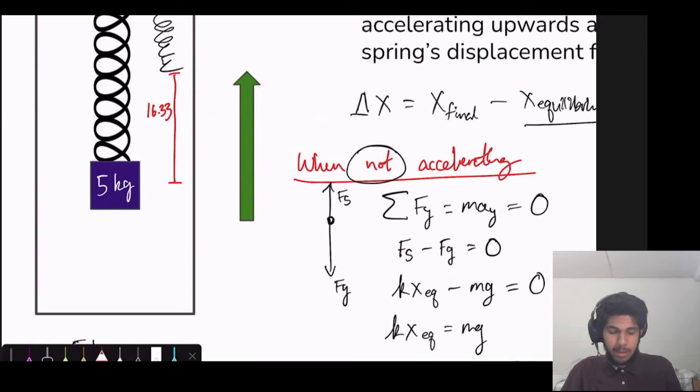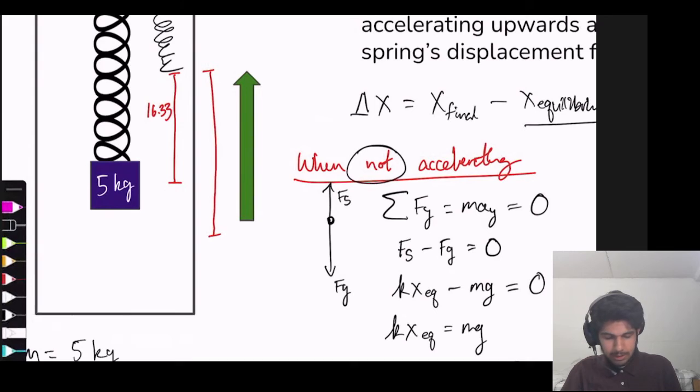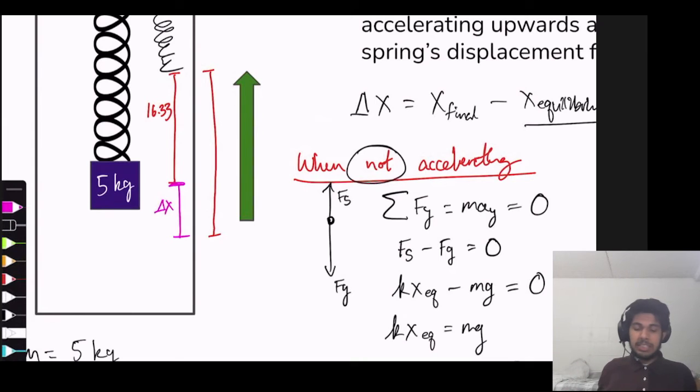Then when the elevator is accelerating upwards, this block may go further down or upwards, and we're going to get another distance here, and then we're going to try to find the distance in between these. This pink value, this delta x, is really what we're trying to solve for. But this is what the 16.33 is. It's the change from the equilibrium position of the spring.